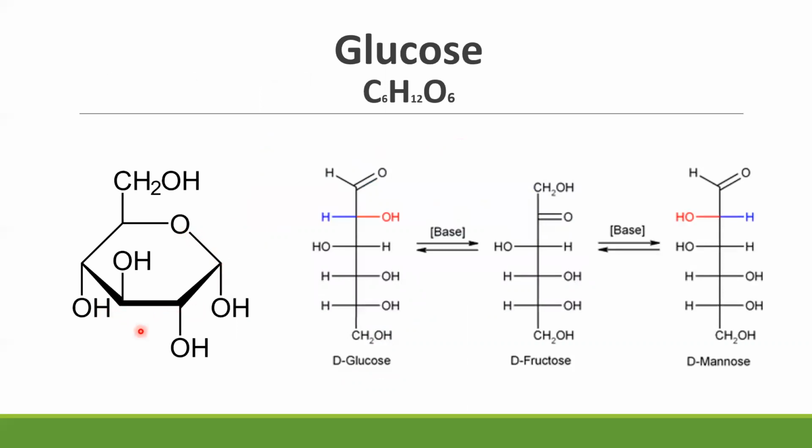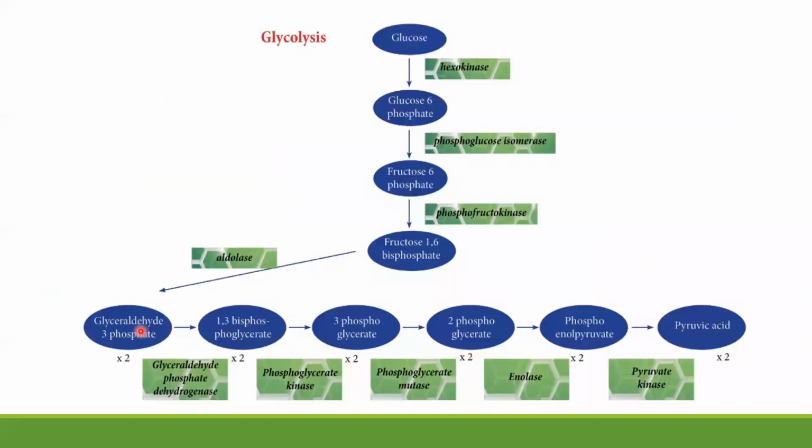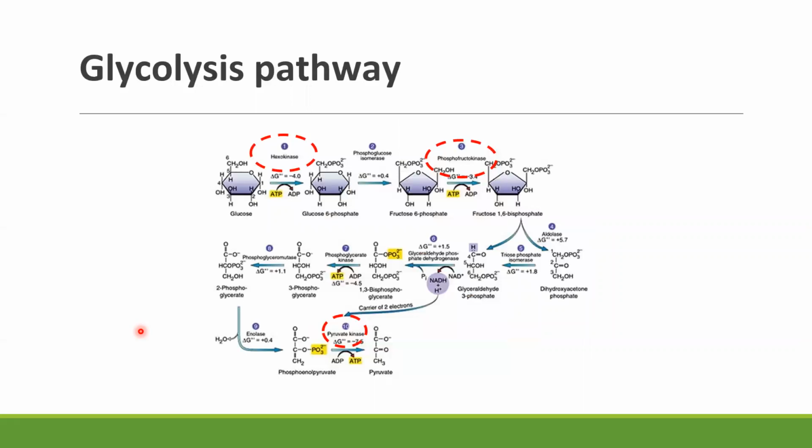It will attach at position 6. So that's called glucose 6 phosphate. You can memorize it from its name. The name tells you where it is attached and what happened. So glucose 6 phosphate. We added one phosphate at position 6.